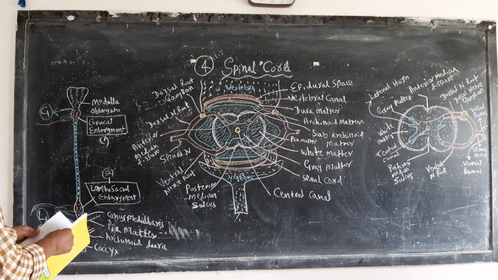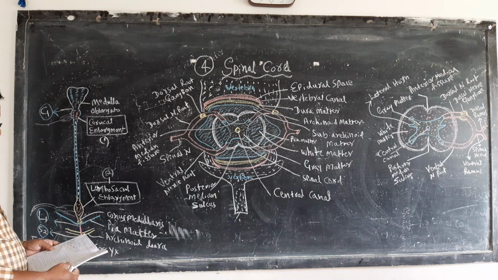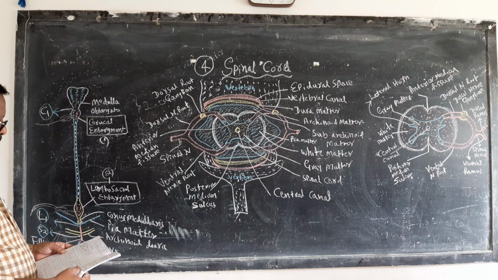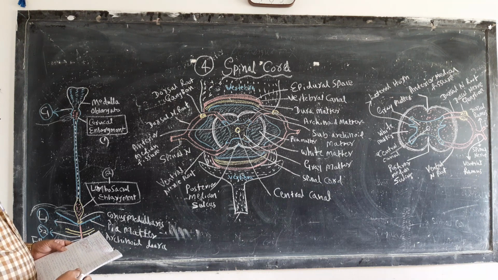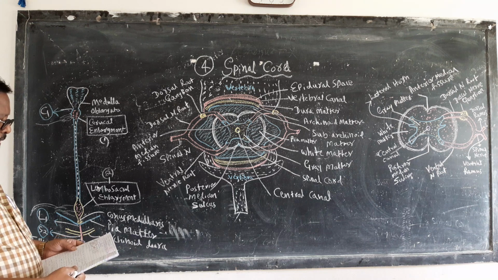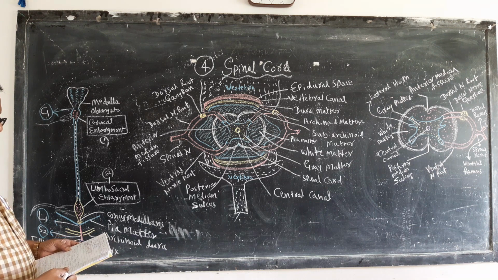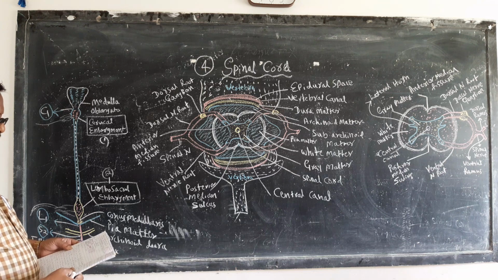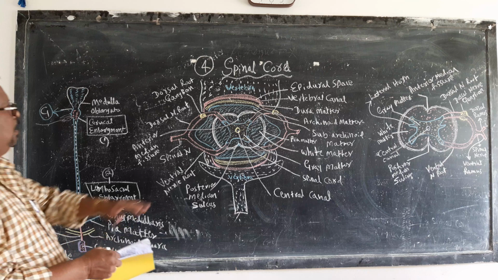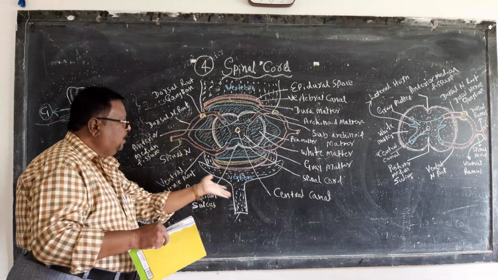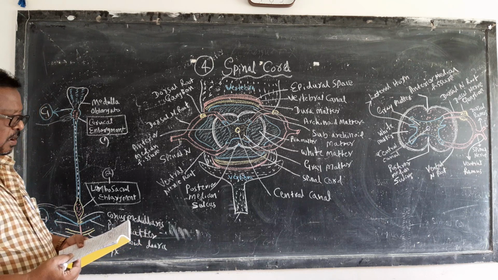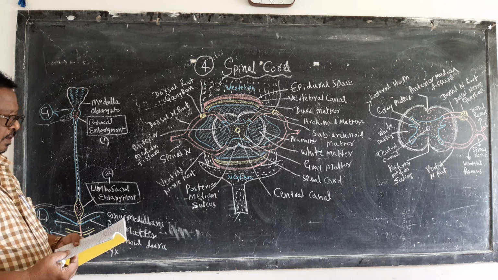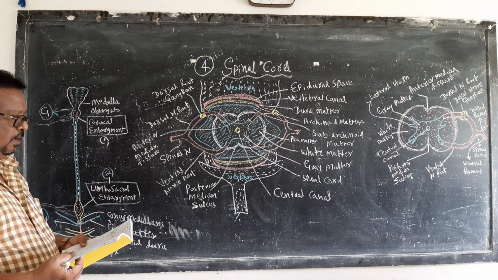The next point: the spinal cord is protected by the bony arch of each vertebra and closely surrounded by three meninges, or layers, and CSF, the cerebrospinal fluid.